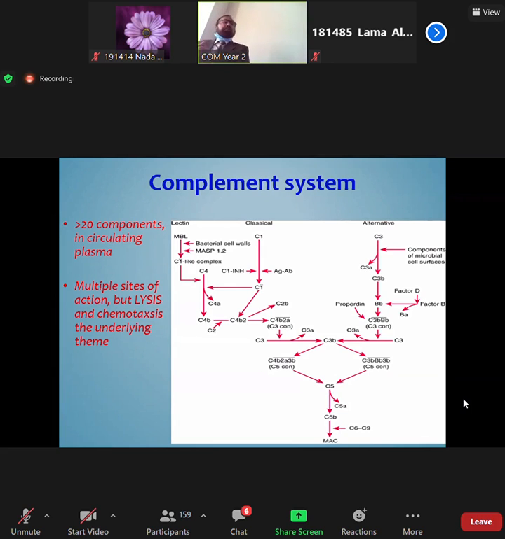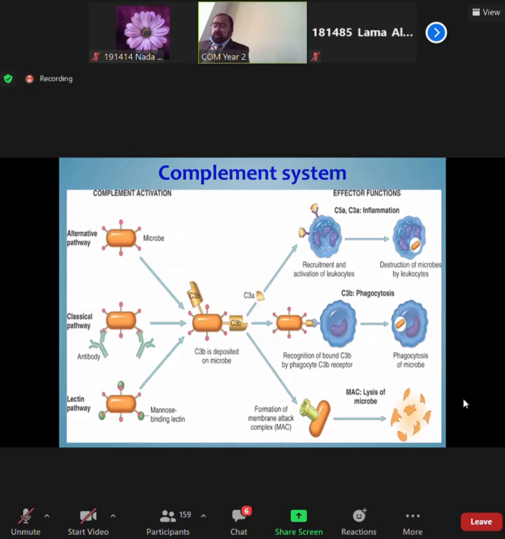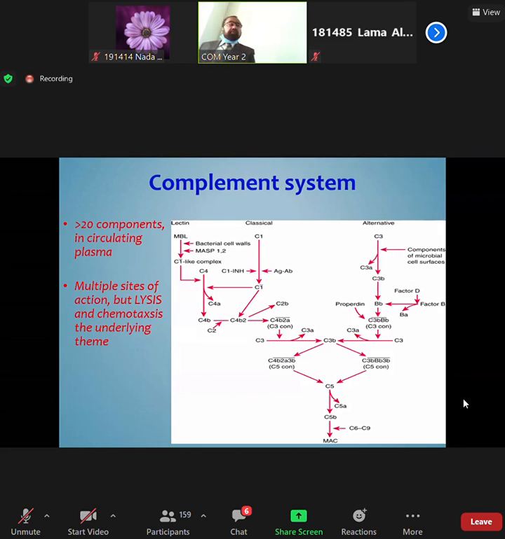The classical pathway is activated by antigen-antibody, right? The alternative pathway by the microbial cell wall. And the third one is lectin, which is activated by mannose-binding lectin. That's why it's called the lectin pathway, right?